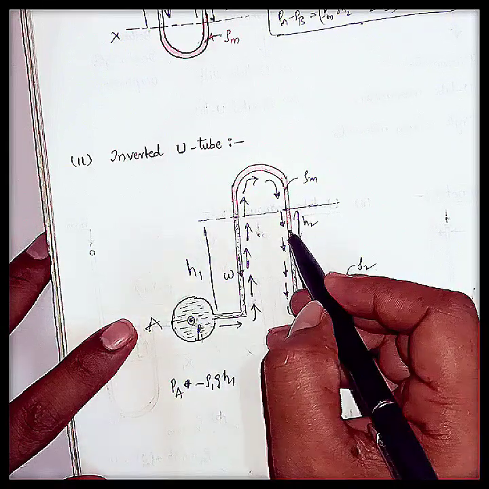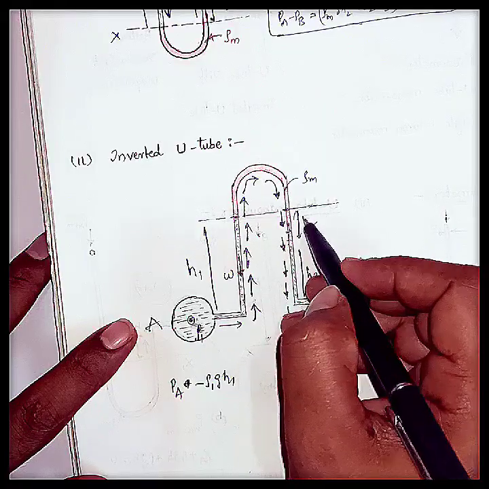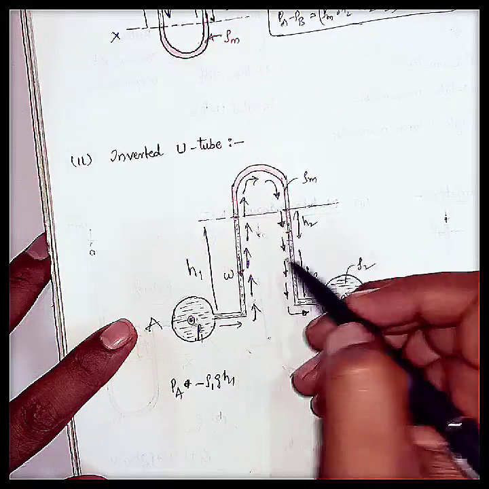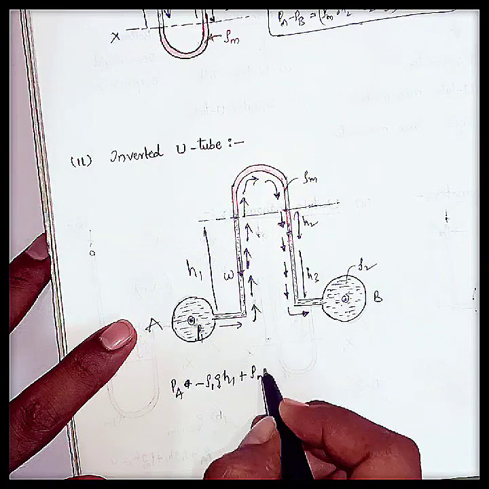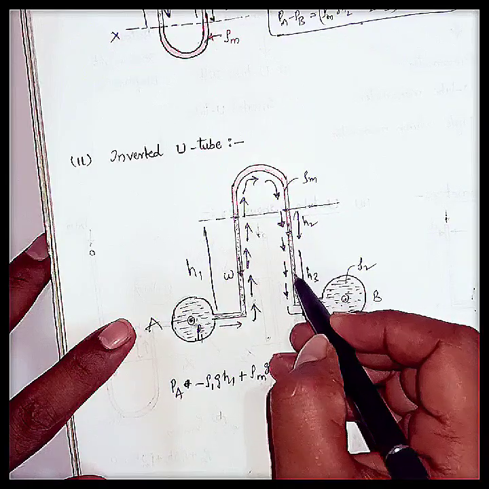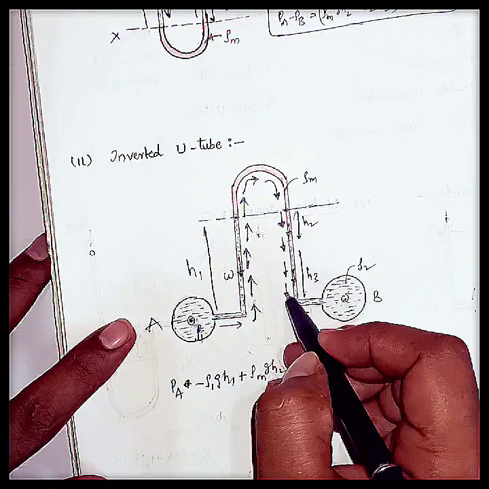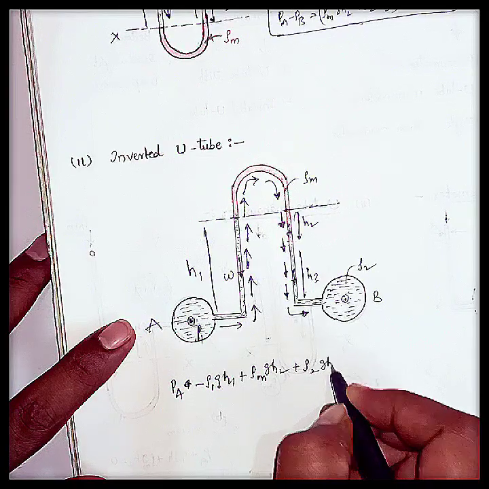If you see here, the weight of this fluid is acting downward like this. Yes or no? And the direction is also downward like this, and these two are in the same direction, so take positive, rho m g h2. And here also this fluid's weight is acting downward like this, and your direction is also the same, so take positive, rho 2 g h3.